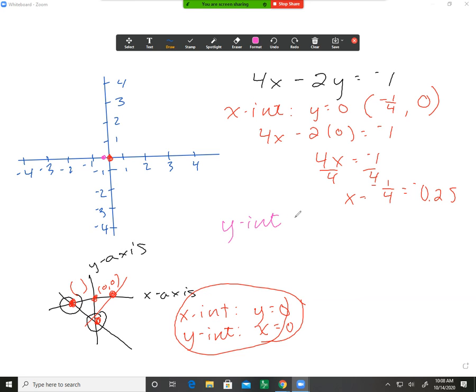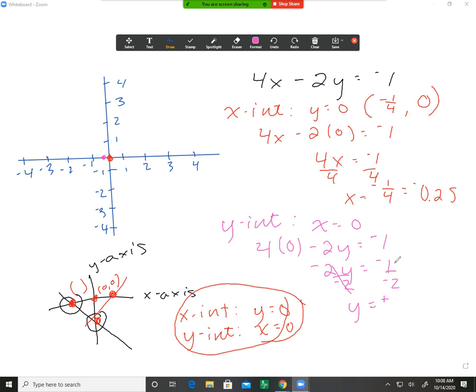That'll be another point. For the y-intercept, x is 0. So in our linear equation, we put x as 0. What's 4 times 0? So all I really have is -2y equals -1. Divide by -2 on both sides. I get y equals, what's negative 1 divided by negative 2? Will it be positive or negative? Positive. It's the same sign.